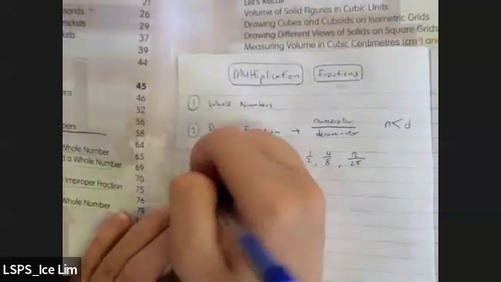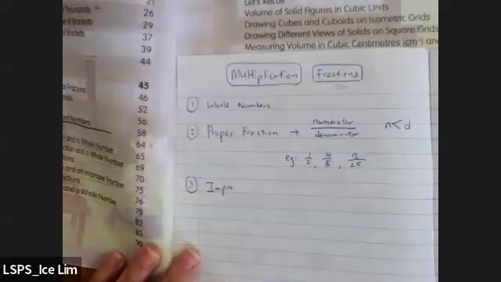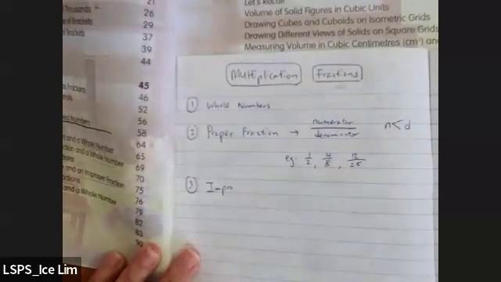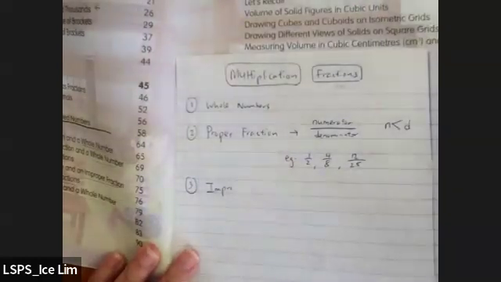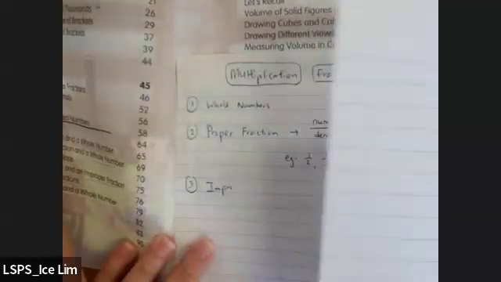Okay, then there is the third kind. The third kind is what is called the improper fraction. Can you see me now?